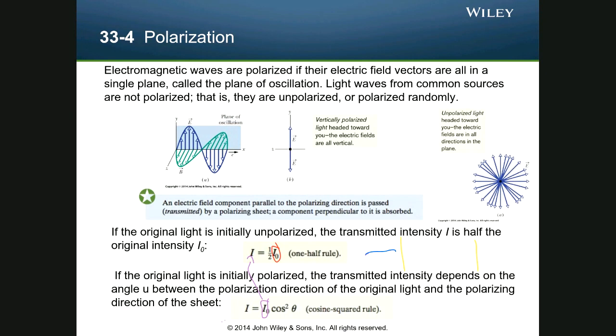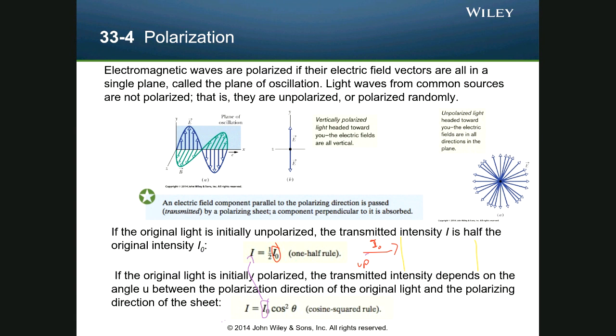Once we go through here, hold on, let me take this off. So if we look at our I naught here and the 1/2 I naught, we're going to write that in red. So here we have I naught, and because we're unpolarized, I'm just going to call it I naught unpolarized.